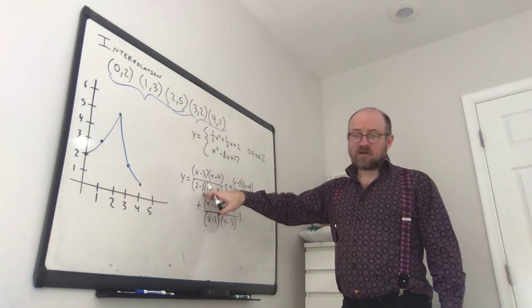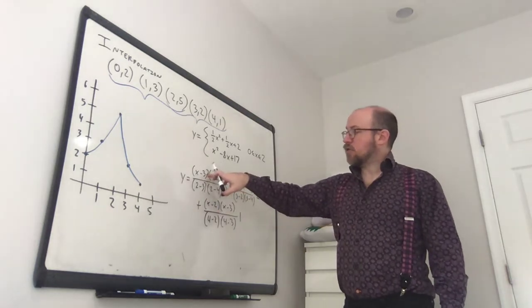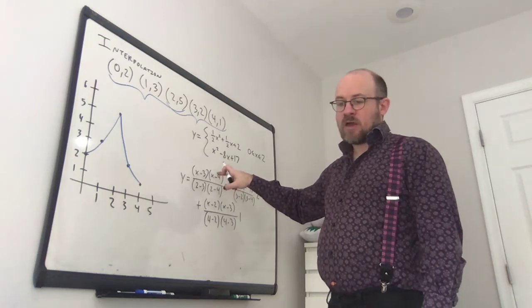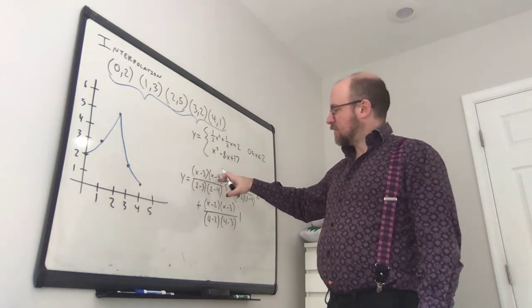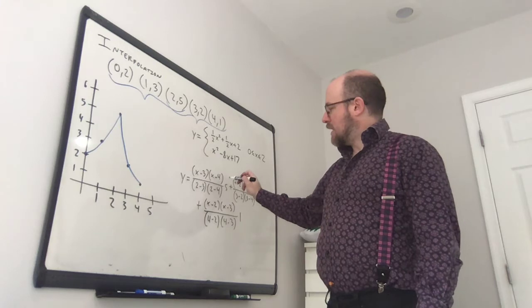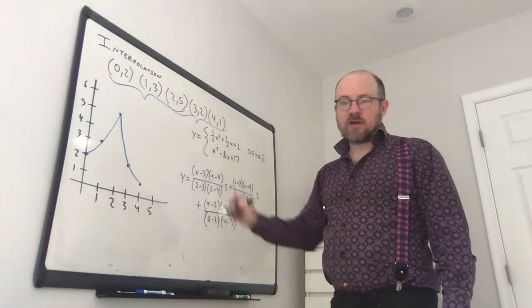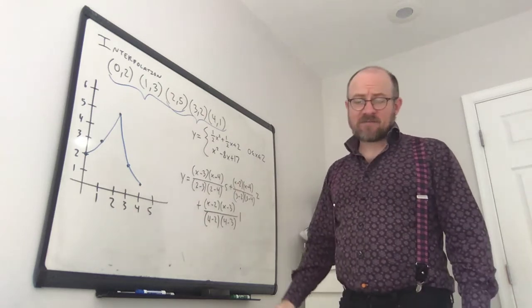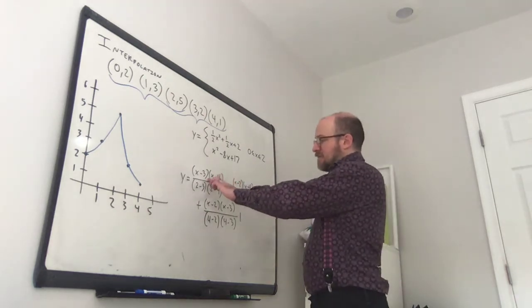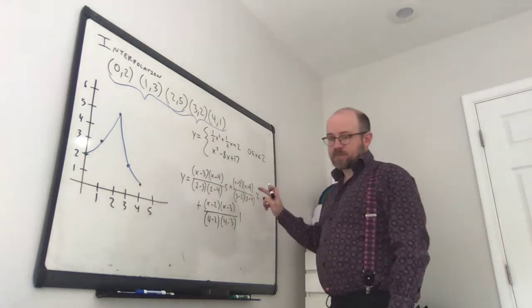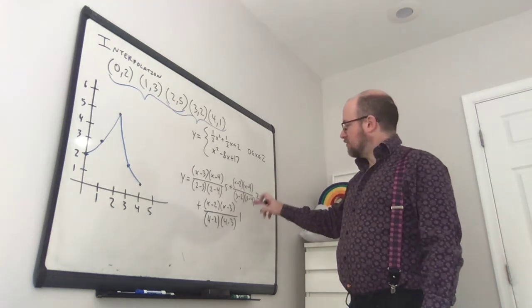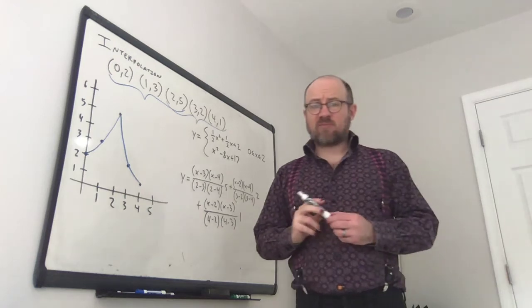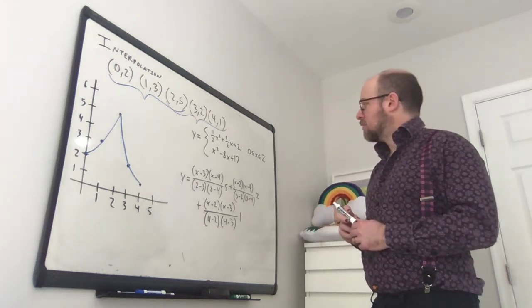The bottom becomes a single constant, and so you've got a polynomial. In this case, x minus 3 times x minus 4 gives you x squared minus 7x plus 12, multiplied by a number. In this case, it's 5 over 2, 5 halves. And so you've got 5 halves times this polynomial. This one becomes negative 2 times this polynomial. And it actually isn't that much work to break this down into an actual polynomial.